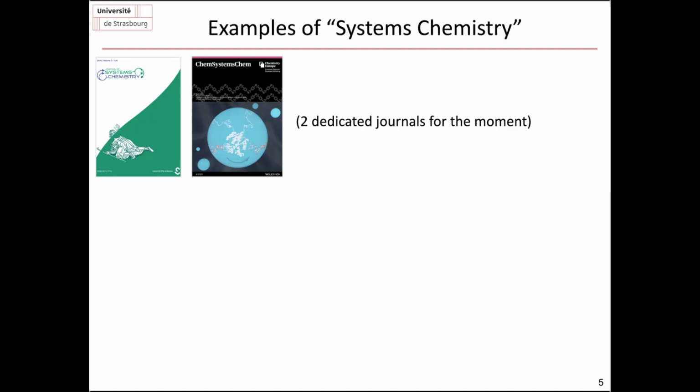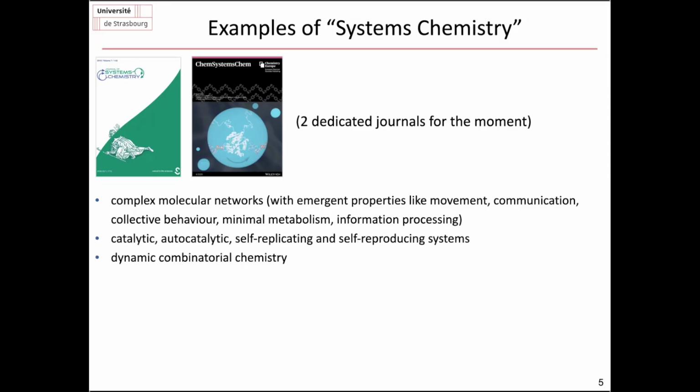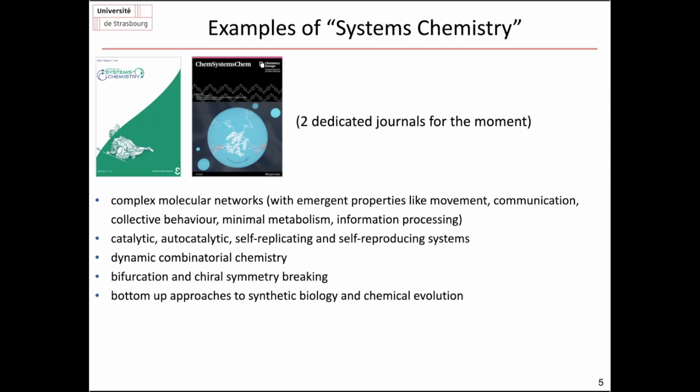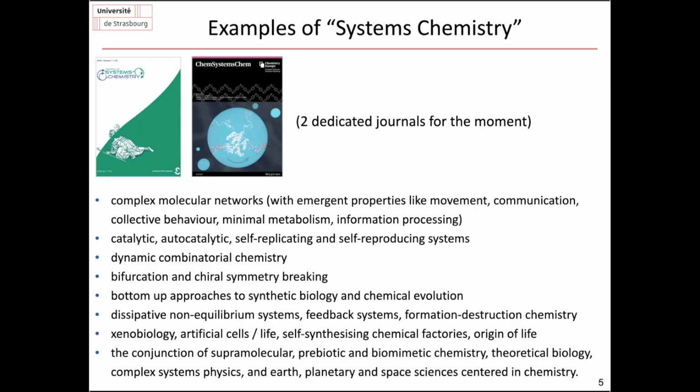But of course, other research is being published in the traditional chemistry journals. And I won't go through all of these, but these are a number of the topics that are related to the field of systems chemistry. Okay, so if you want to know more about that, you can go to these journals, or you can read some of the review papers that have come out in the past 5 years on this topic.